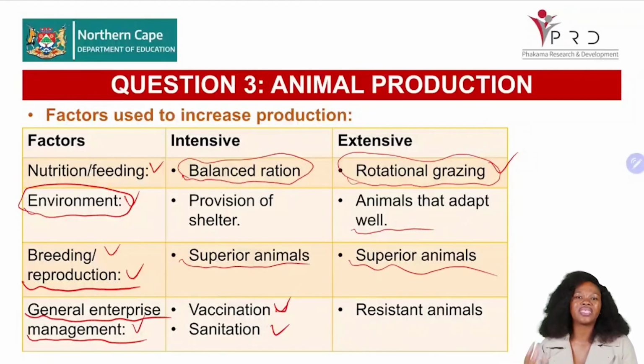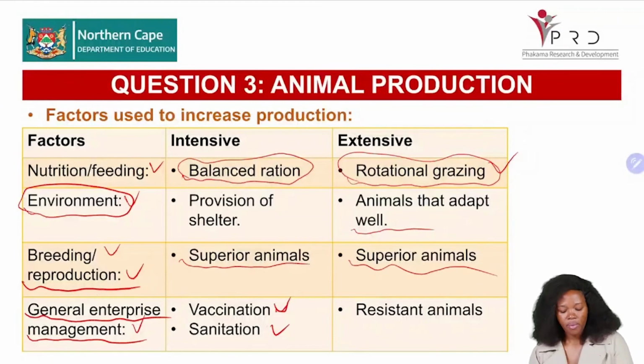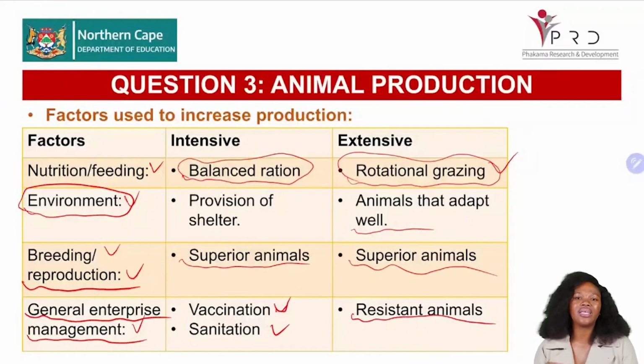Animals must be vaccinated to boost their antibodies or their immune system so that they can stand against viral pathogens or diseases that are caused by pathogens. Right? When it comes to extensive, animals that are resistant to diseases must be raised. So this is how we apply various factors to optimize or maximize production under these different systems: extensive production system and intensive production system.